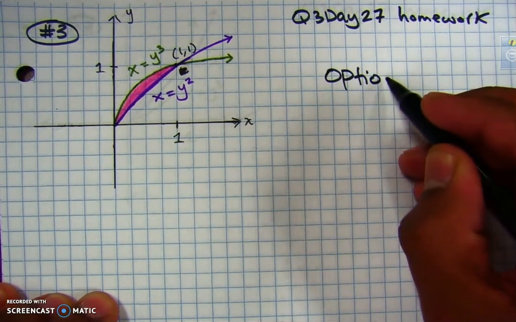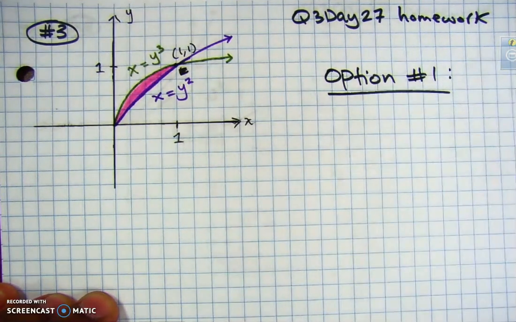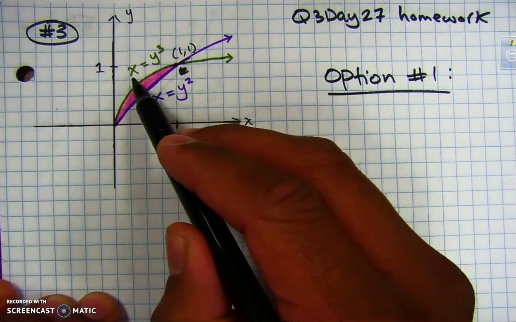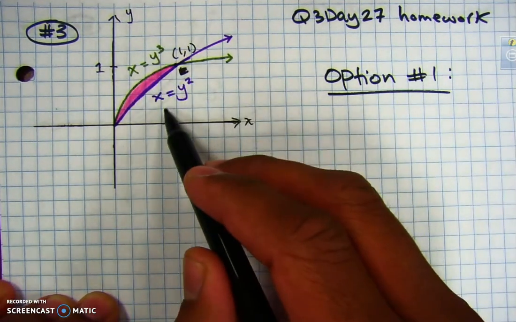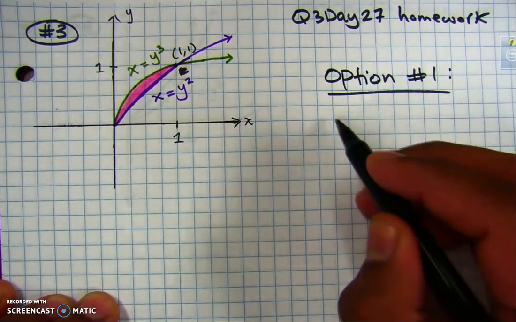Here's option number 1. First of all, we have a problem. We have x equals y cubed and x equals y squared, not y equals.